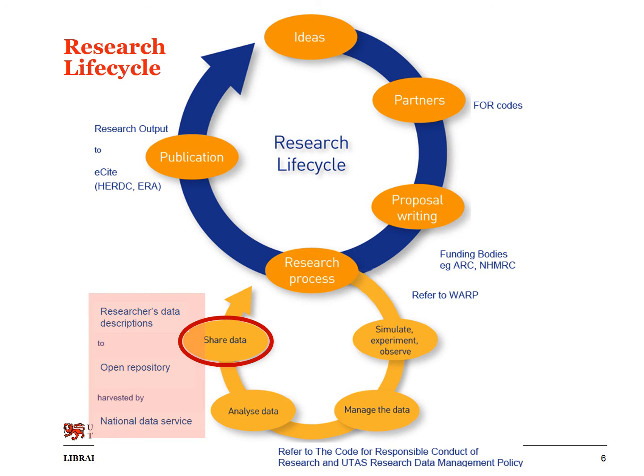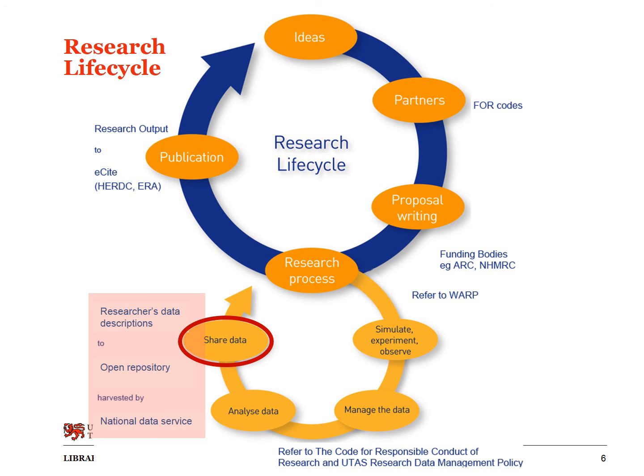And where does sharing the data fit into the research cycle? So this is a picture of the research cycle. At the top in blue, the main cycle. So it starts with having an idea, finding partners, writing a proposal, doing the actual research process, and then the publication. And the research process is kind of a life cycle in itself, with simulating, experimenting, observing, managing the data, analyzing the data, and then sharing the data.